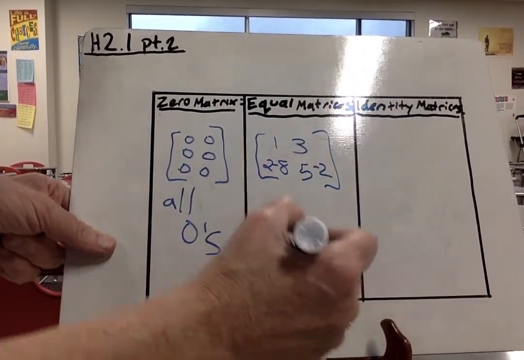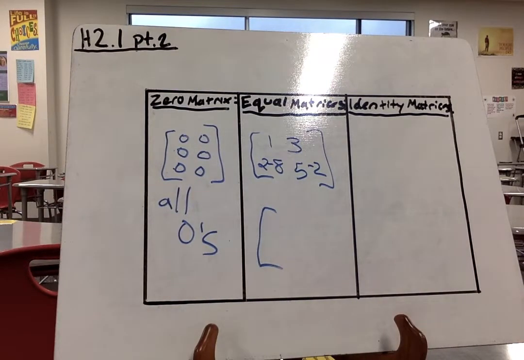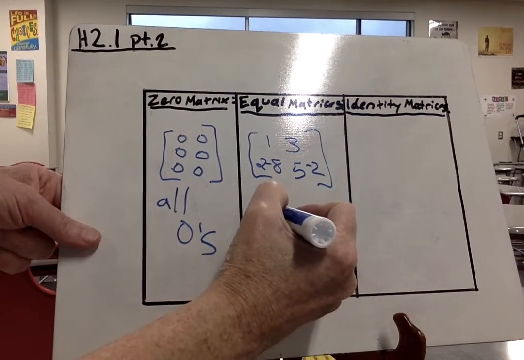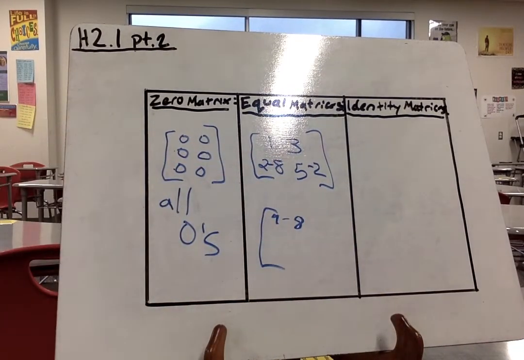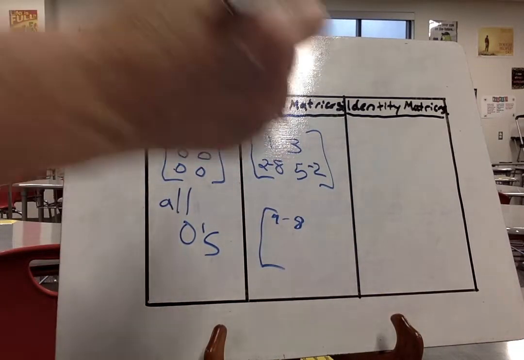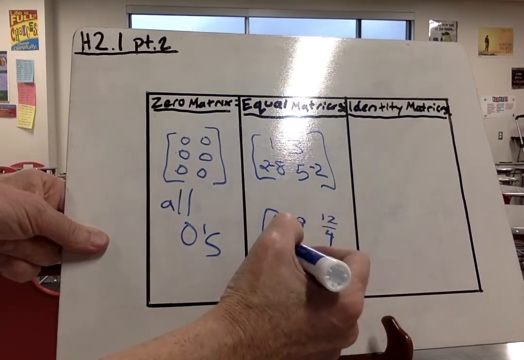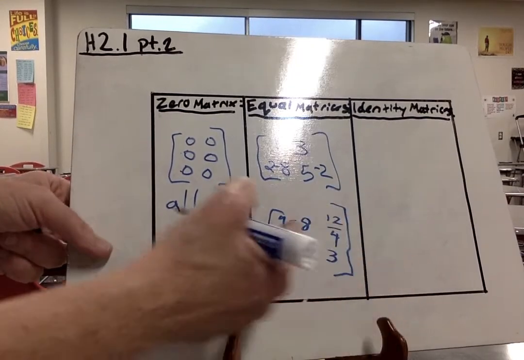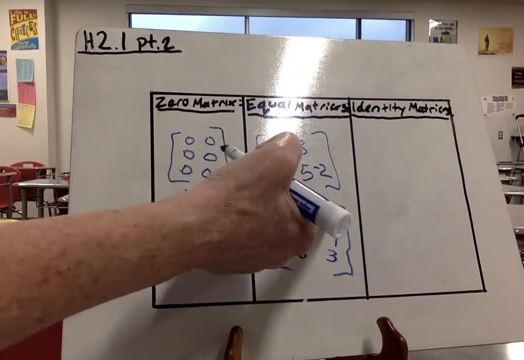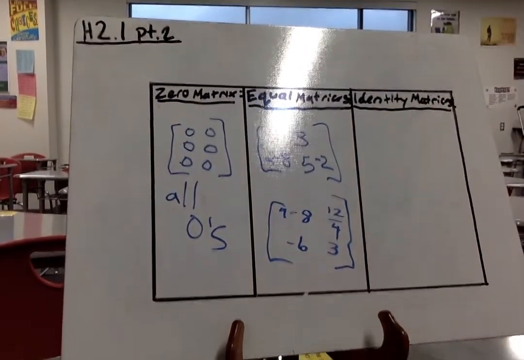Okay, so that would be the same as one that has 9 minus 8, 12 over 4, -6, and 3. Because 9 minus 8 is 1, 12 divided by 4 is 3.